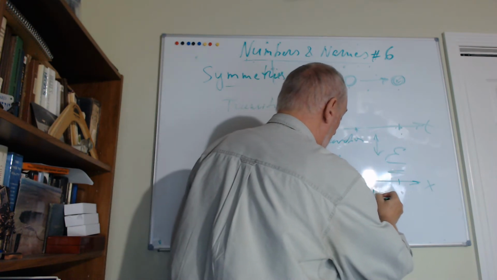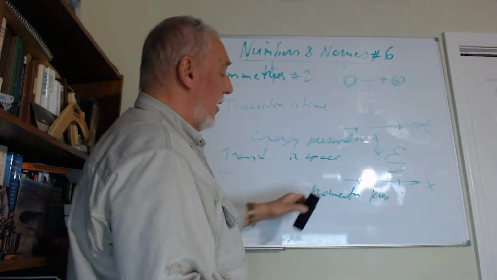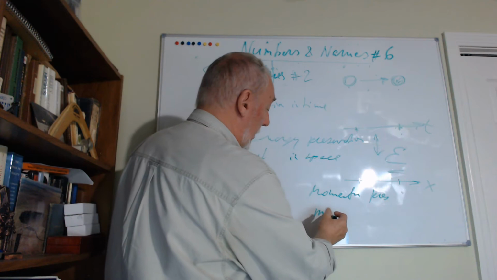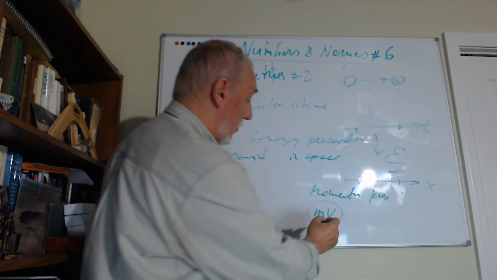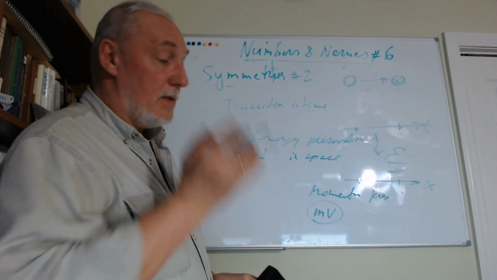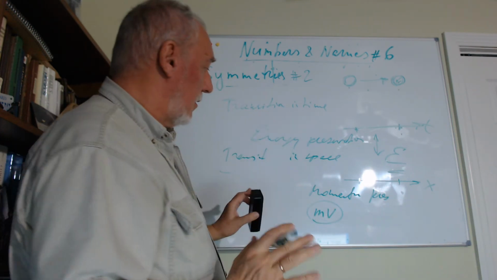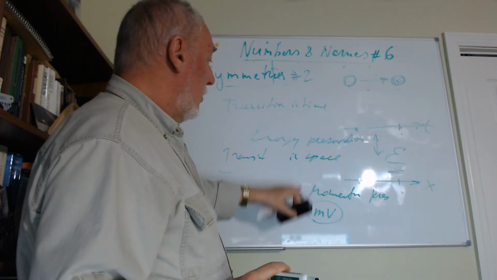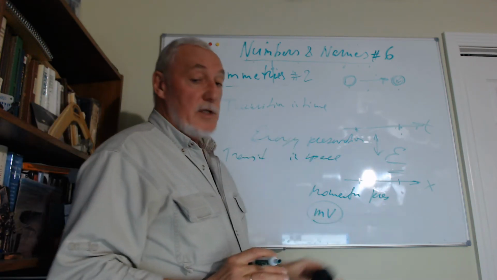Momentum is actually the mass of the object multiplied by the speed of the object. That's a simple thing, but I just give it as an example. There are two great laws of physics: preservation of energy and preservation of momentum.